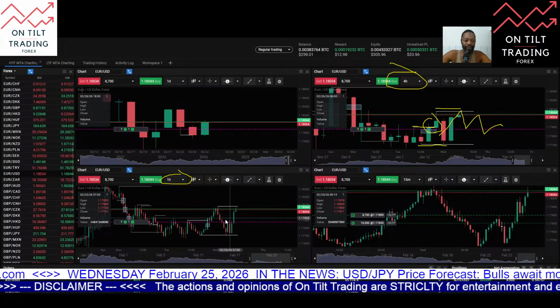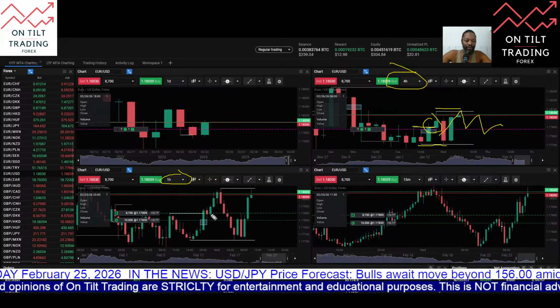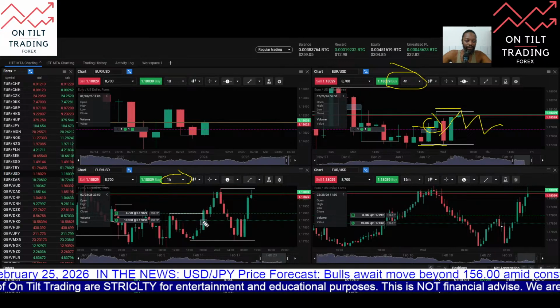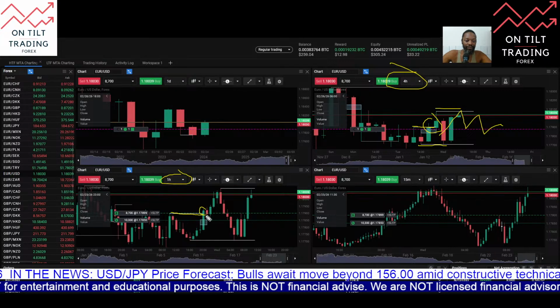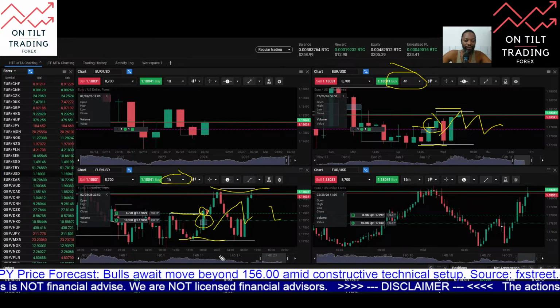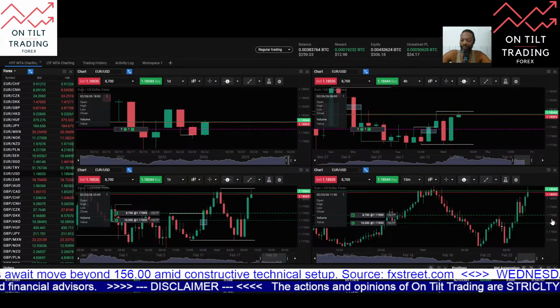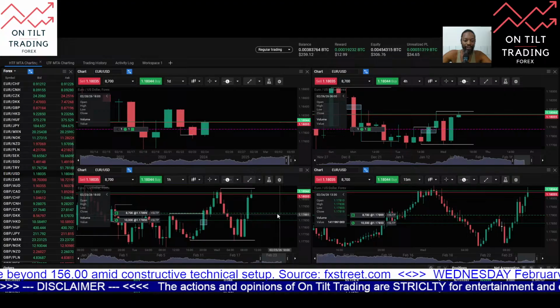My entry is right at this point here. You have this swing high, the swing high close above. Now you have your 1-hour range here. Also you have your bullish fair value gap. So a trending market here in euro dollar.